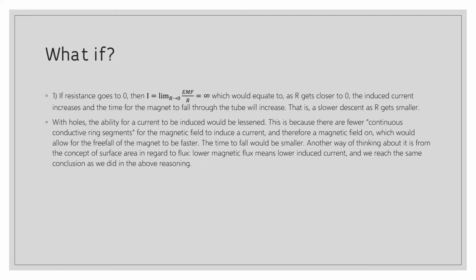Since there would be fewer of those, there are fewer places for the magnetic field to induce a current, and therefore a magnetic field, which would allow for the free fall of the magnet to be faster. That's because the force on the magnet by the induced current would be overall less. So the time to fall would be smaller.